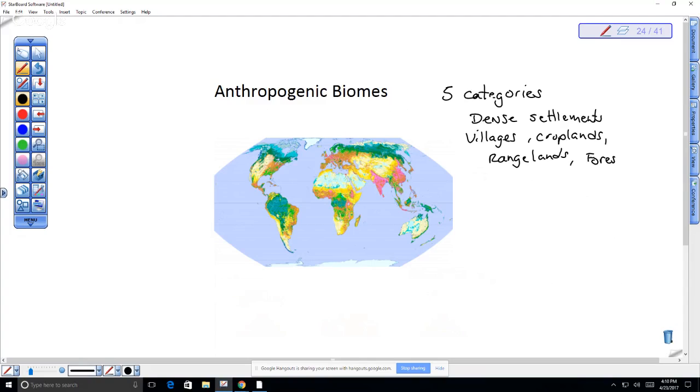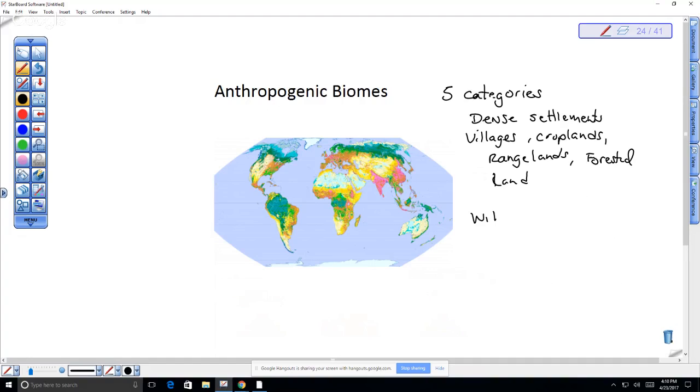Now the interesting thing is that most of the world's population lives on about half of the Earth's surface, and that half is high quality. The other half is low quality, and those areas are generally referred to as wildlands.